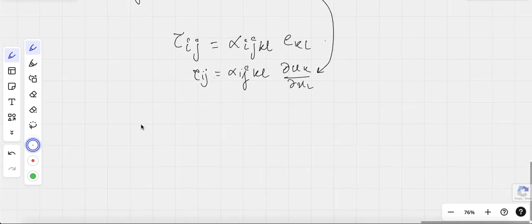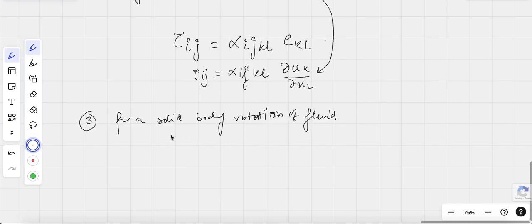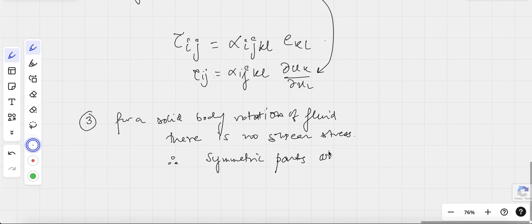Now we will see the third assumption. For a solid body rotation of fluid, there is no shear stress. Therefore, the symmetric parts will remain.